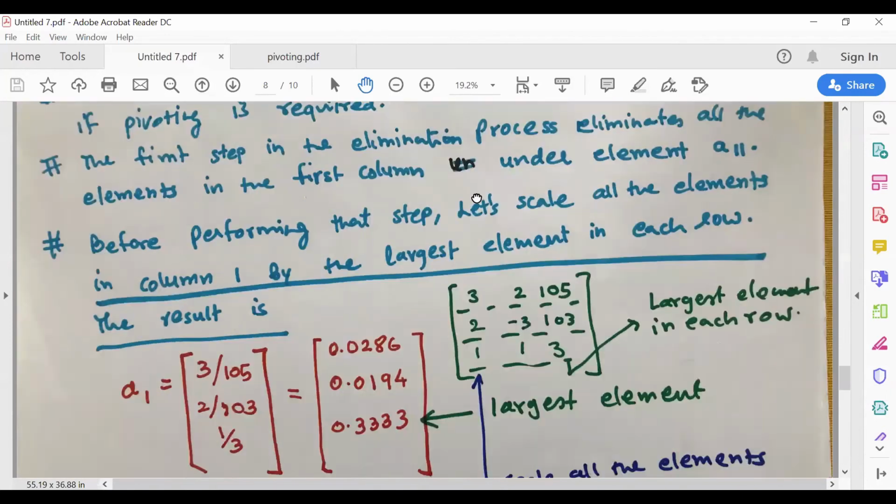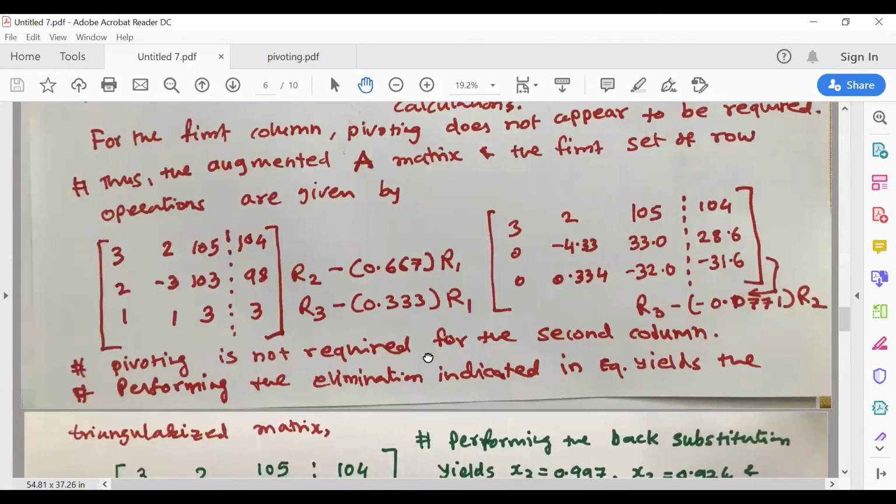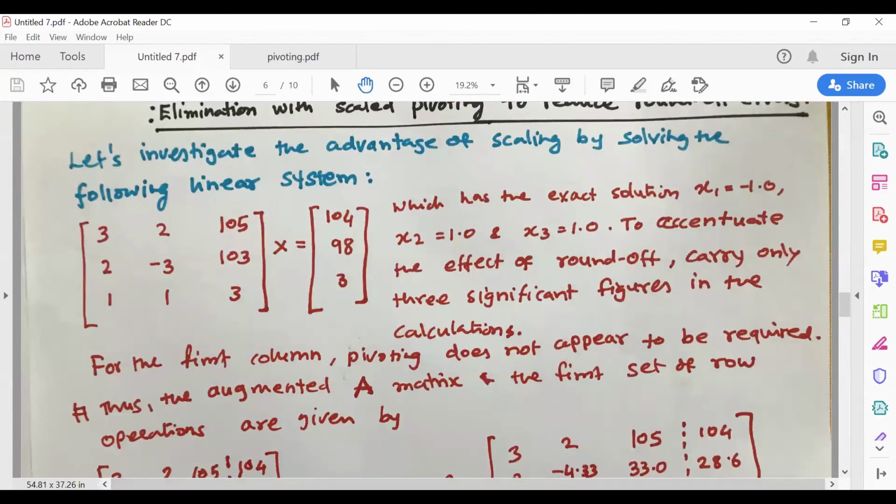So what is scaling? As I told you, you just have to observe the numbers: 3, 2, 1, 2, minus 3, 1, 105, 103. Suppose I have to do scaling, I will normalize this 3 with 105 because 105 is the highest number. If 105 were not here but in the second column, then I would normalize with that number.